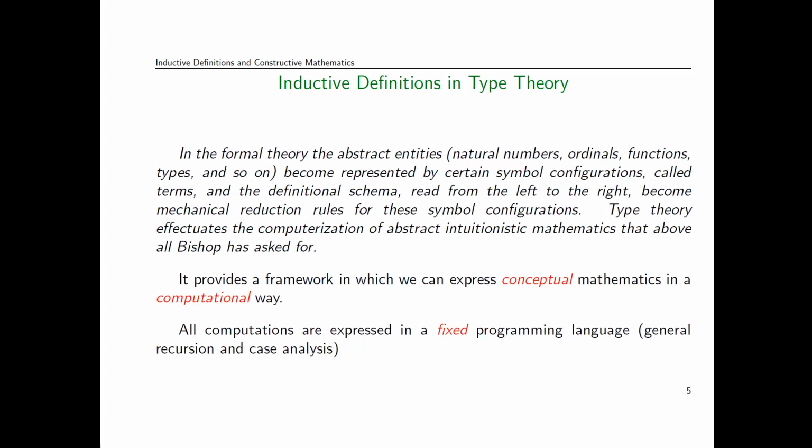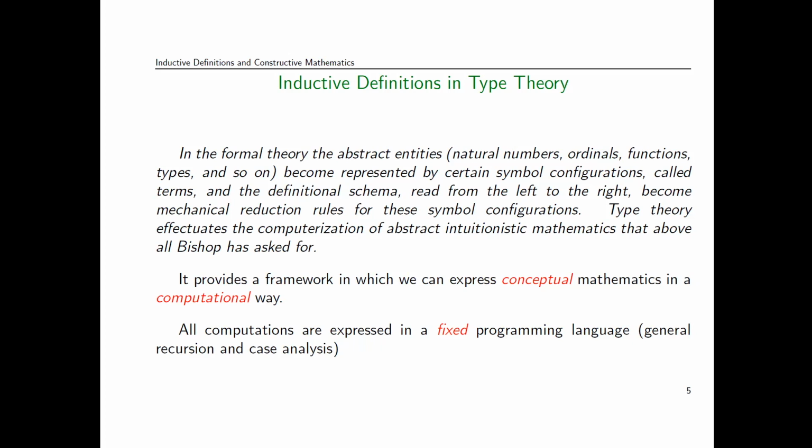There are really nice sentences in this preprint, describing in a very relevant way what type theory is. Type theory is a system where you can represent abstract entities by certain symbol configurations and definitional schemas. Type theory is a framework where you can express conceptual mathematics in a computational way.